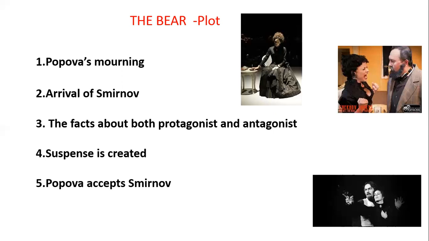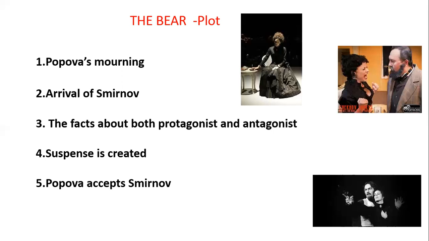So now I am giving you the concept of the well-made play here. And then we have the fourth one, suspense. Suspense is created in the audience. Smirnov wants to stay in Popova's house until the loan is settled. Then he changes his idea to win her heart.